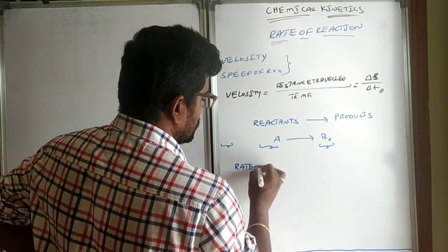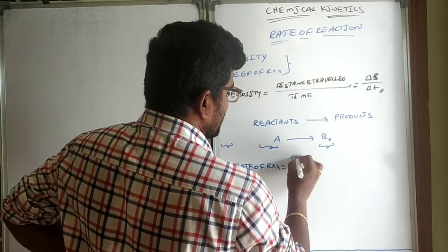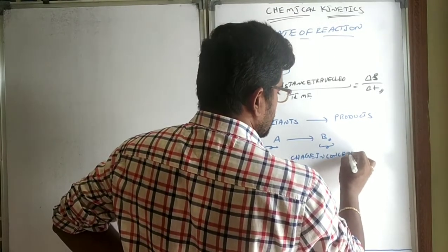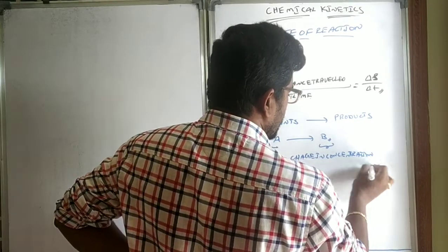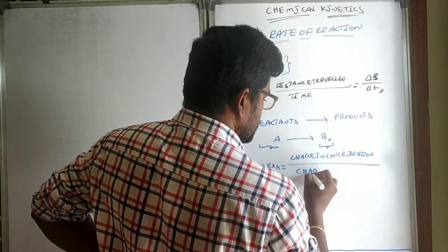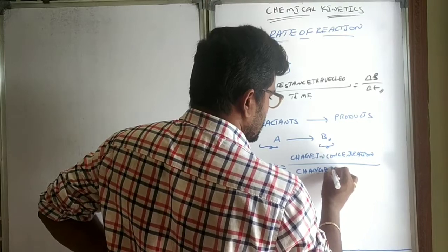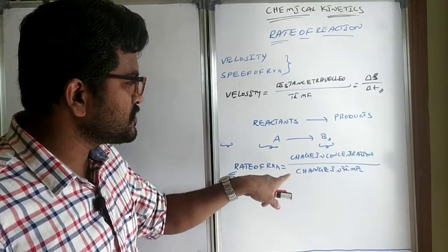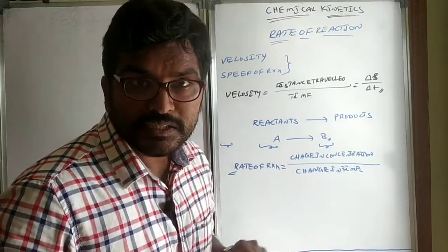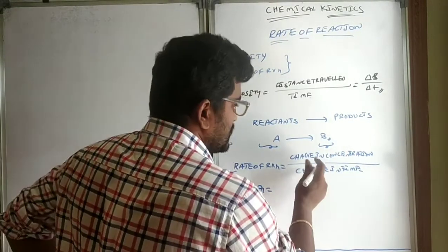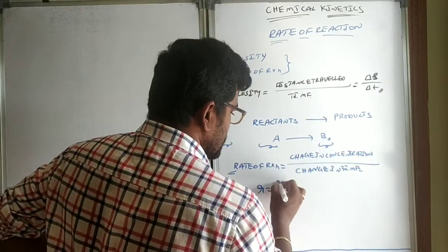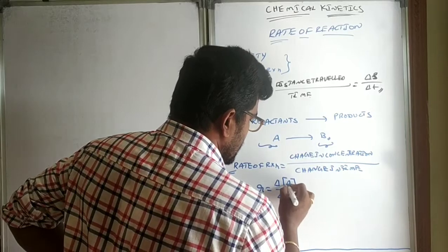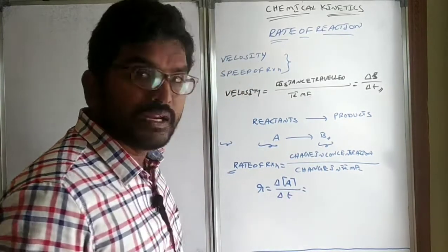So rate of reaction equals change in concentration by change in time. So R equals delta A by delta T.